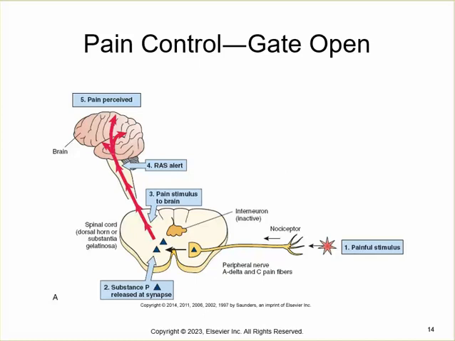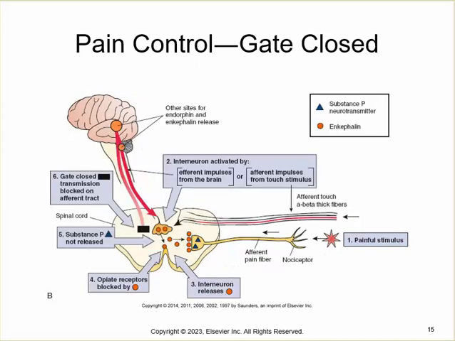However, after that's been perceived, then what happens is there are areas in the brain that release endorphins and enkephalins. Right? And they come down, these neurotransmitters, really endorphins, come down and they're efferent from the brain, so they're kind of like motor neurons, right?